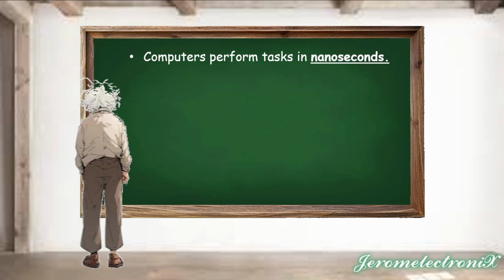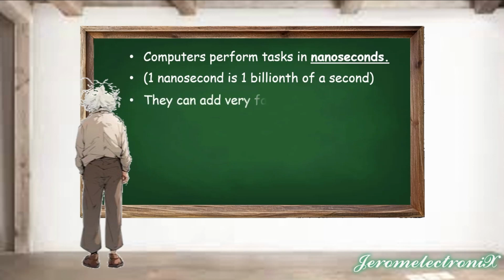Computers can perform tasks really fast. They can actually perform tasks in terms of nanoseconds, and nanoseconds are really fast. 1 nanosecond is a billionth of a second. One task in a billionth of a second. So they can add very fast. They're known for adding fast, and if you can add fast, of course, that is multiplication.